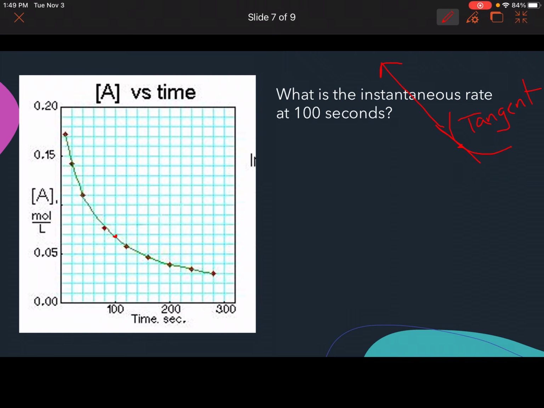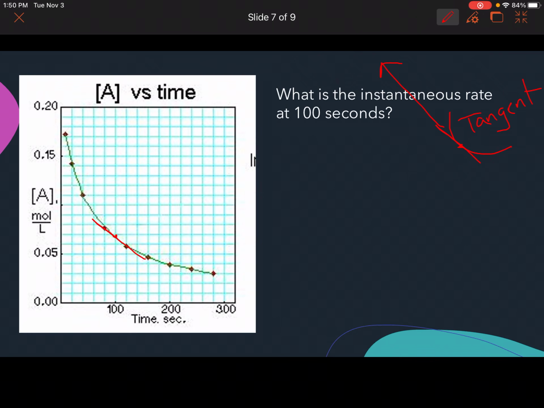So I'm going to use a straight edge to line it up, and that is going to be my tangent to the curve. Now, the tangent can only touch the line at one particular point, and you'll get better at doing this the more you practice, and I can show you in class a little more clearly too. But now you've got a straight line, okay?